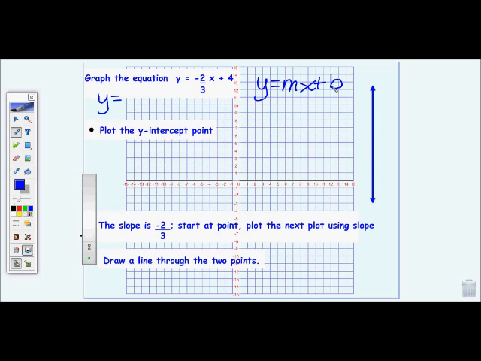B says the beginning. The slope says you have to start at the point and plot the next point. So we're going to start at the y-intercept point. The y-intercept point is B, beginning. Start, beginning. Can you read that that's beginning?